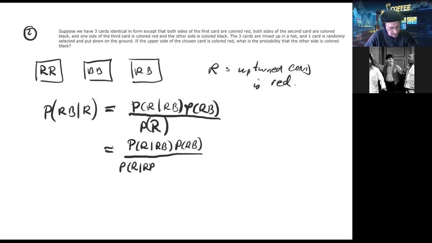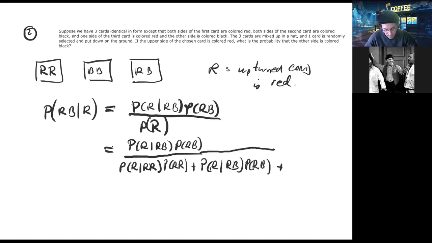So there are 3 events, and these events, not only are they mutually exclusive, but they actually are exhaustive of the entire probability space, because one of those cards is of this form. So we have P of R given RR times P of RR plus P of R given RB times P of RB plus the probability of R given BB times the probability of BB. So that's what you get.